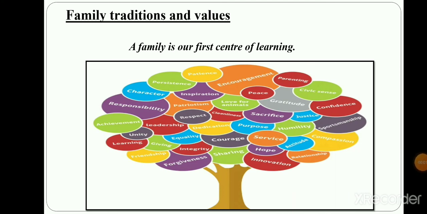Family traditions and values. We all live in a family. A family is our first school. It teaches us some basic values of life. The values taught by our family help us in the proper growth of our personality.